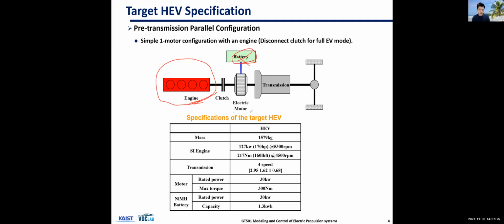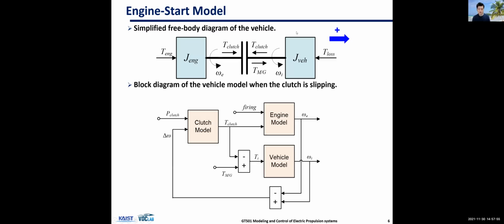Electric motor, clutch, transmission, they all have fast dynamics, but compared to the engine, they're even faster. So some of that is assumed very, very fast. Anyway, with that in mind, let's take a look at this model.